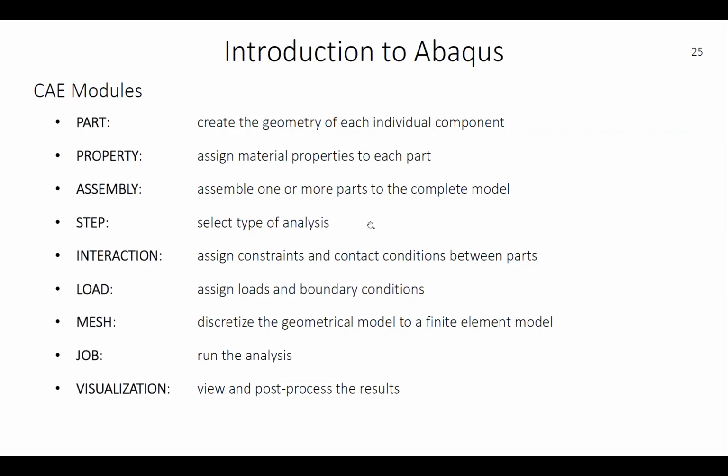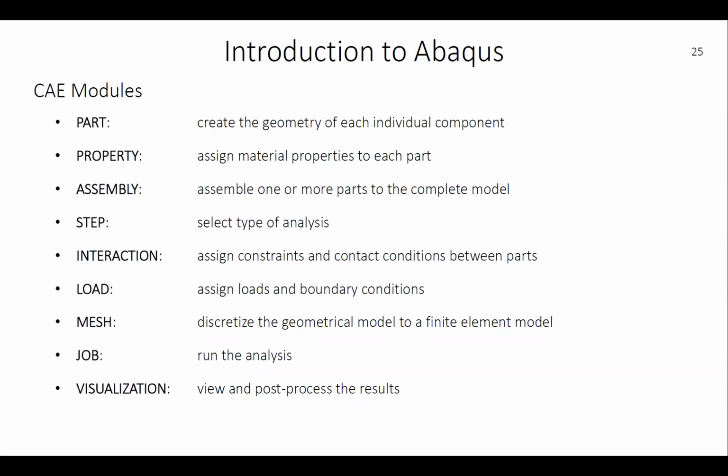You can also do nonlinear analysis. You can do dynamic analysis, eigenvalue analysis, and other kinds of substructuring analysis. In the interaction module, here is where you connect the different parts that you may have defined in your assembly.